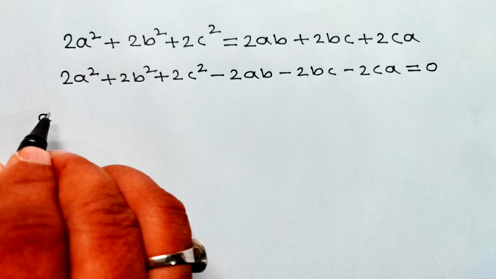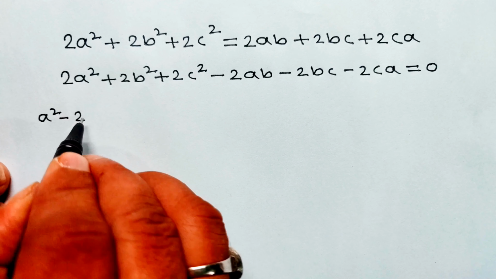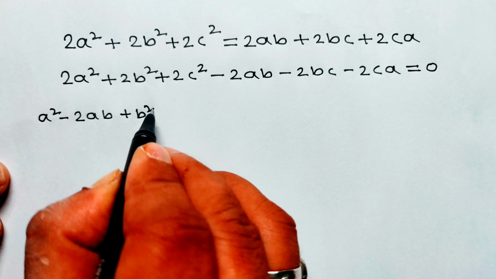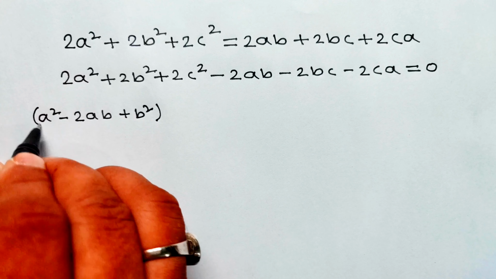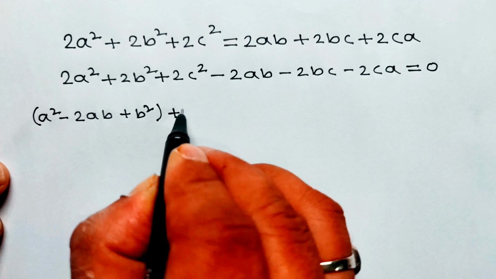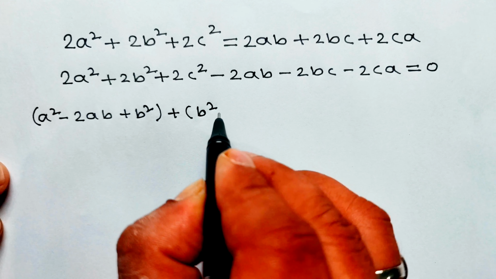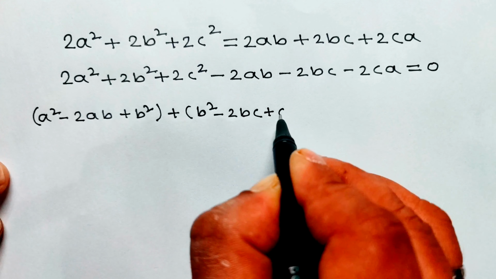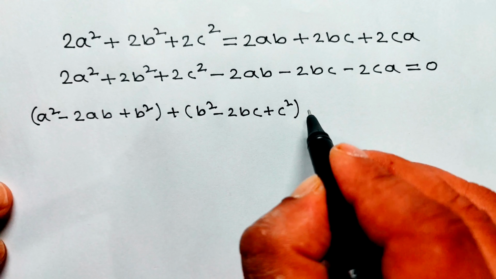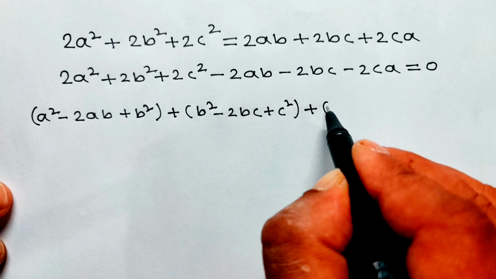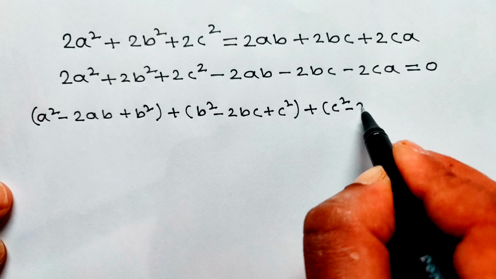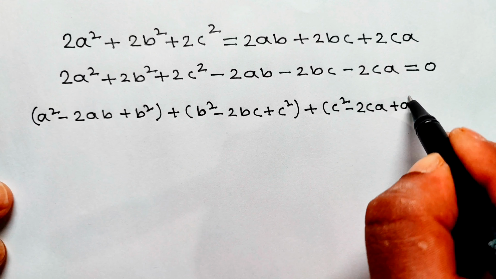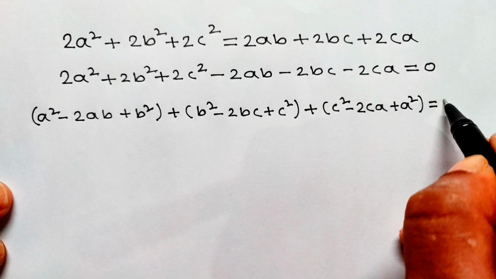Then a² − 2ab + b² plus b² − 2bc + c² plus c² − 2ca + a² = 0.